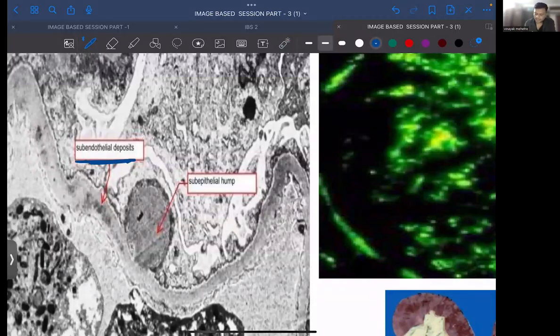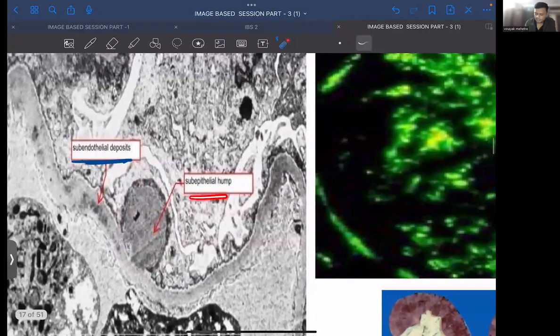Okay, and also outpouching on subepithelial lines. It is called as hump. Hump means deposit. Okay, subepithelial humps. Subepithelial hump. On immunofluorescence, what are we going to see? Anyone?